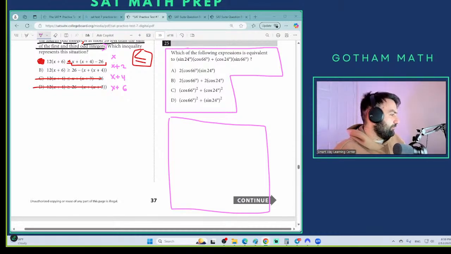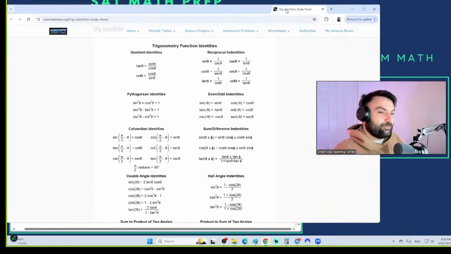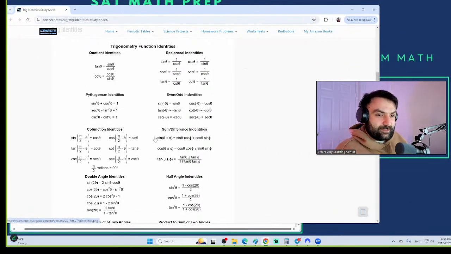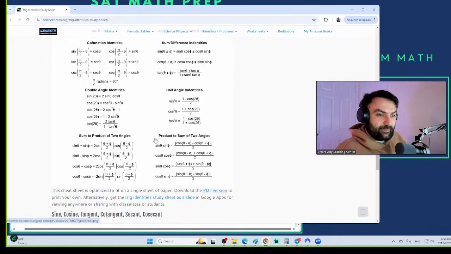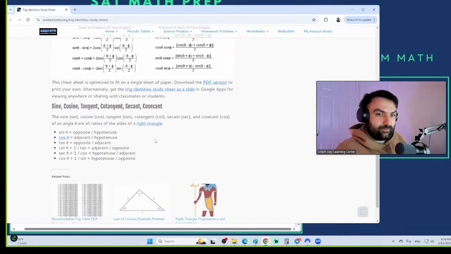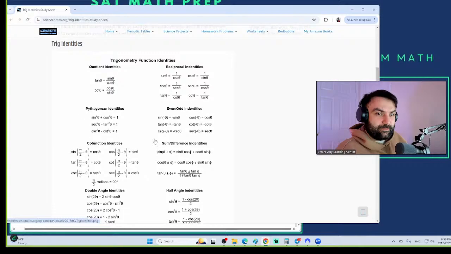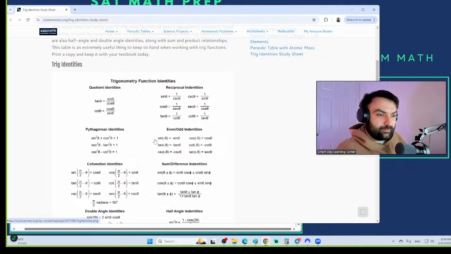To be honest with you, I just don't remember them. If I'm not mistaken, this is where it comes from, this table. So by using one of the trigonometric identity formulas, we'll be able to say what the answer is.